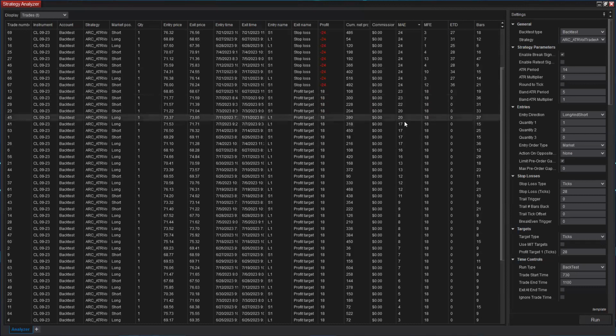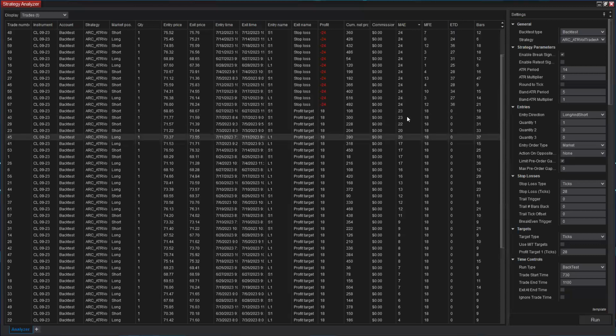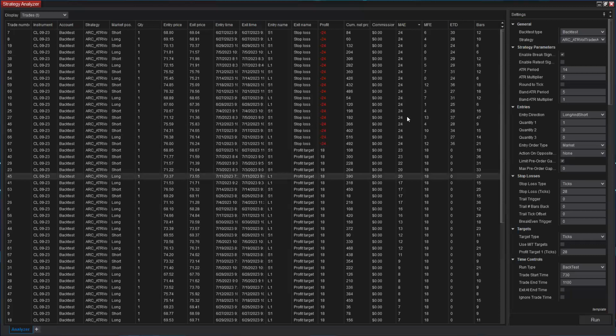So in this case, we could probably get by with a tighter stop, because remember, we start wide and then narrow it down based on what we're seeing. If there's not a lot of trades that went like 20 ticks against us before hitting profit, then we know it makes sense to tighten up the stop a little bit, because I don't need to give it that much room to run. So the number would be something like 18, you see.